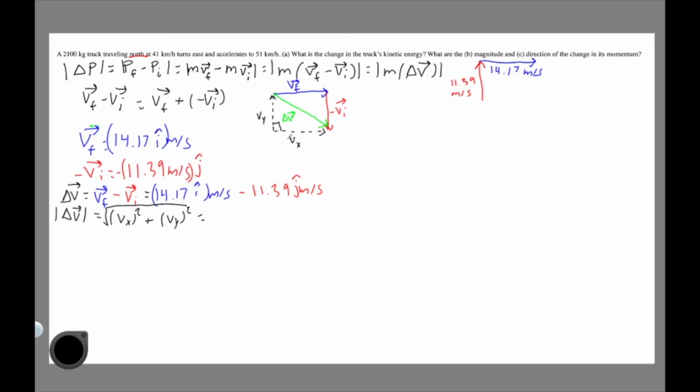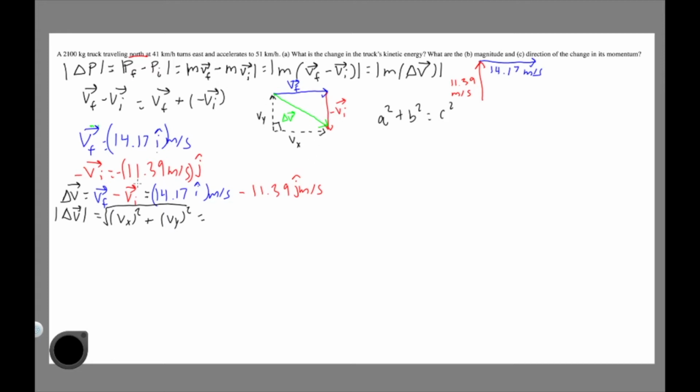And because these three vectors form a right triangle, we can use the Pythagorean theorem. The Pythagorean theorem states that a squared plus b squared equals c squared.